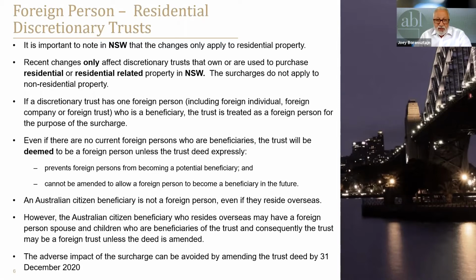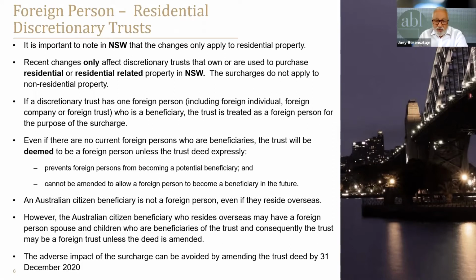However, if that Australian citizen, say a child who lives overseas, marries an overseas person in Spain, France, etc., then their spouse is a foreign person, and potentially their children, if they don't automatically get Australian citizenship, would also be foreign persons, and consequently the trust may become a foreign trust unless the deed is amended. The adverse impact of the surcharge can be avoided by amending trust deeds by 31 December this year.